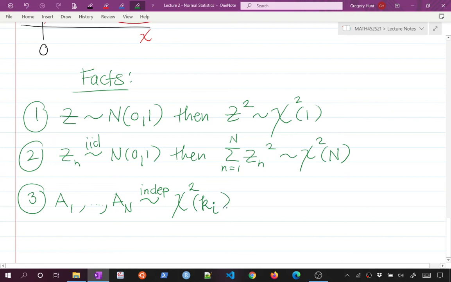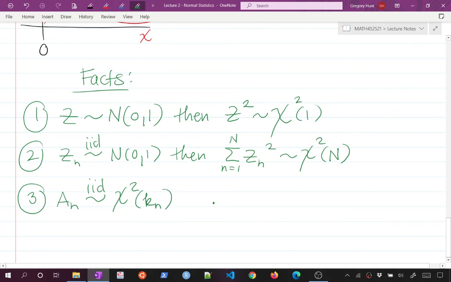So I'm going to have a potentially different degree of freedom for each of these. Let's write it this way: let's say we have a series of A's. They are independent, chi-squared of k_n.